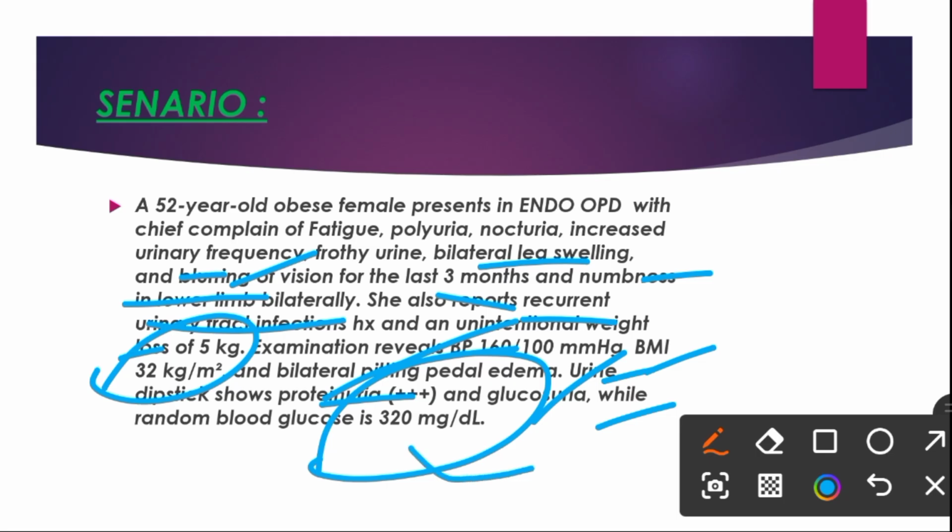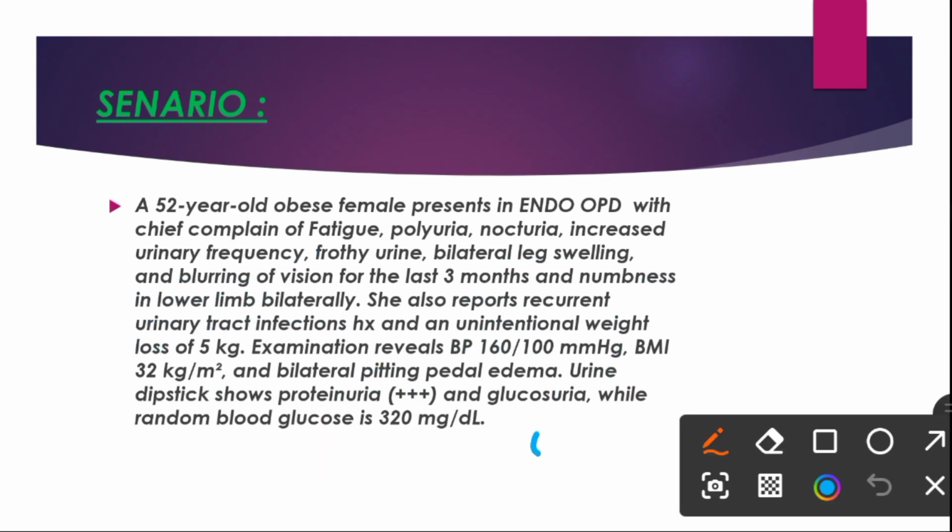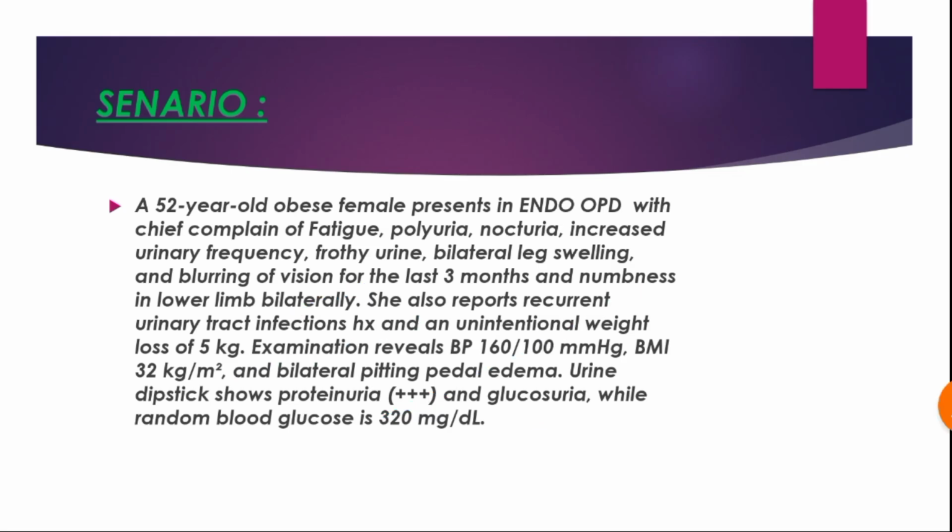So in a diabetic patient, the RBS is more than 200 milligram. In this patient, RBS is 320 milligram. So she is a type 2 diabetic patient who has developed long-standing complications like neuropathy, nephropathy, and retinopathy. So it was all about diabetes.